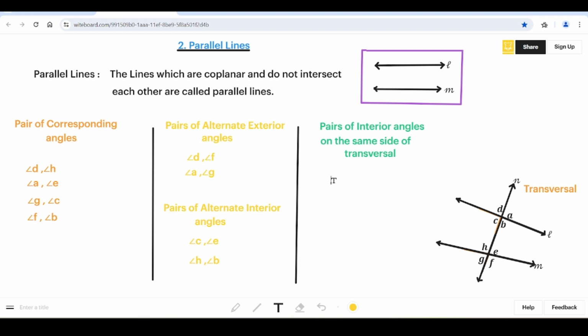So this will be one pair. Our first pair will be angle C and angle H, and the second pair will be angle B and angle E.